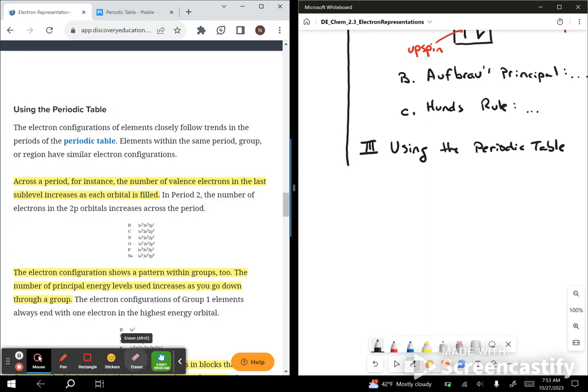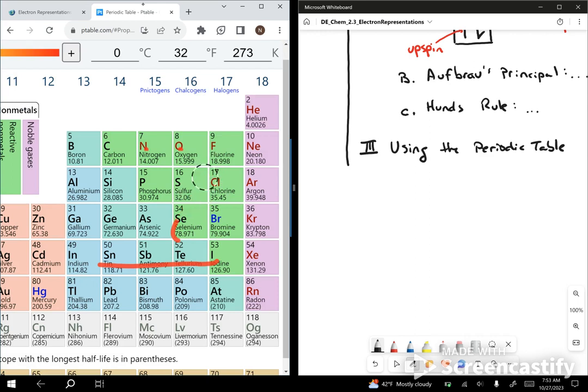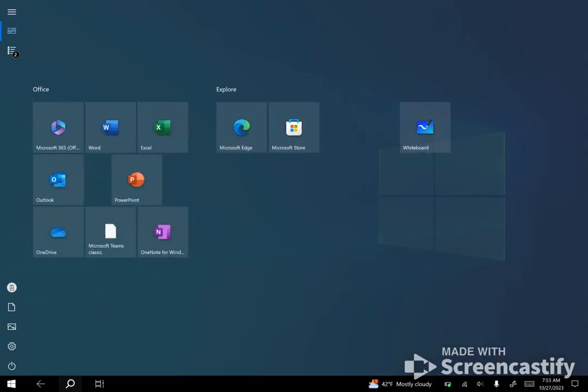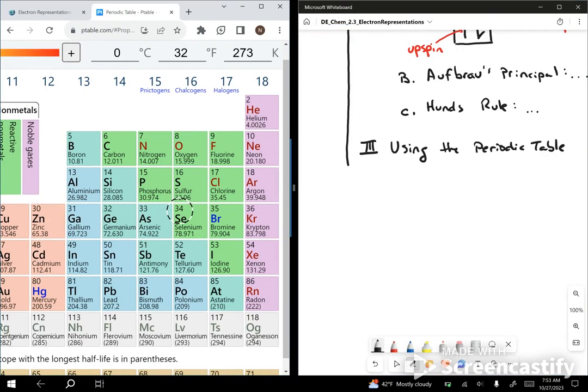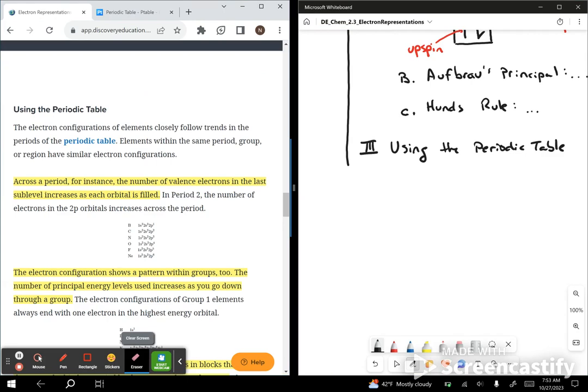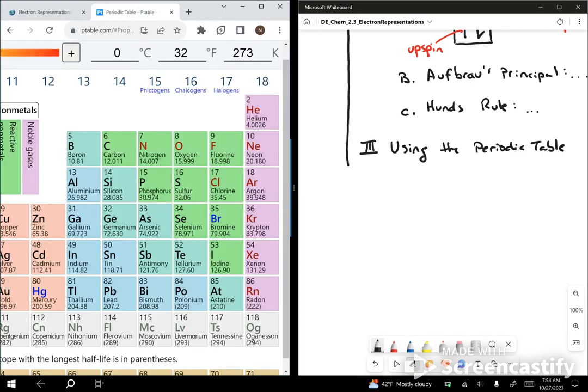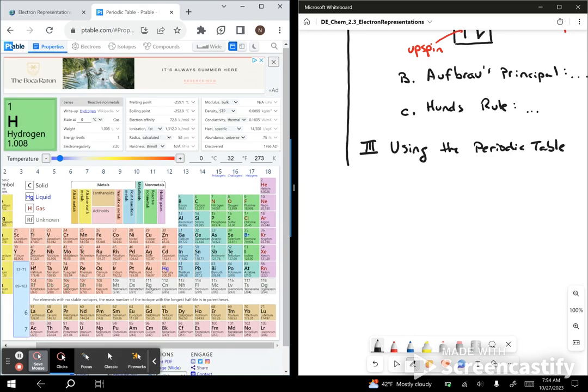Oh, here we go. I'll just go to eraser. Maybe that'll work. Sorry about that. What just happened here? Okay, so go here. There we go. All right.